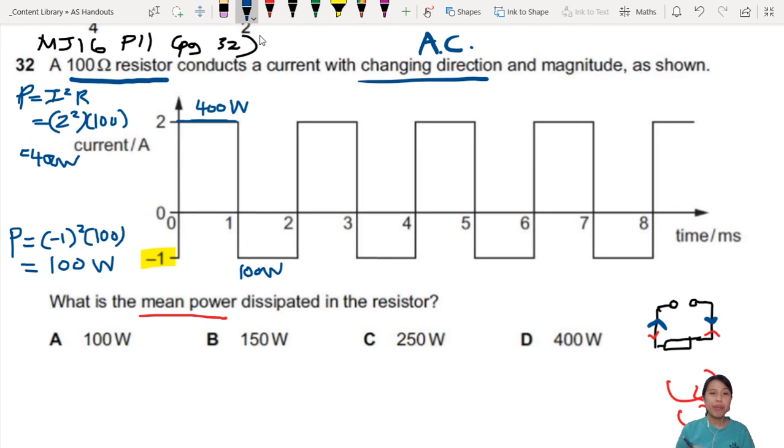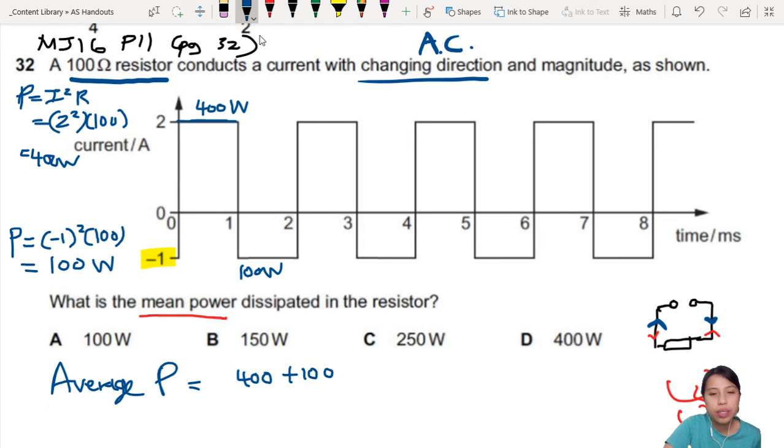So if you want to find the mean now, what you could do is take the average of both powers, when it's at the highest positive and the lowest negative. So here you take the average power, that will be 400 plus 100 divided by 2, which is 250.